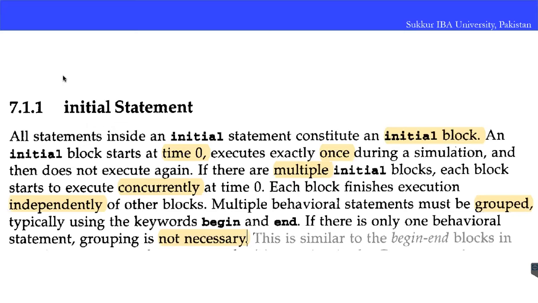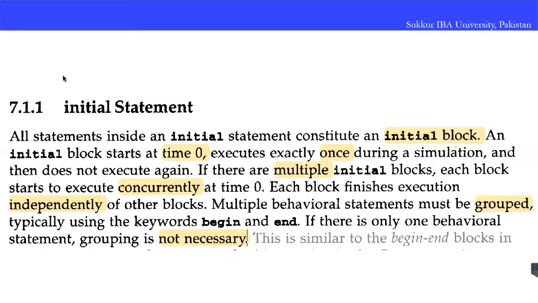Regarding initial statements, we will be talking about its syntax, its semantics, and why we use it and when we use it. So, a few fundamentals as given in this slide: all the statements which come inside the initial statement become the initial block.